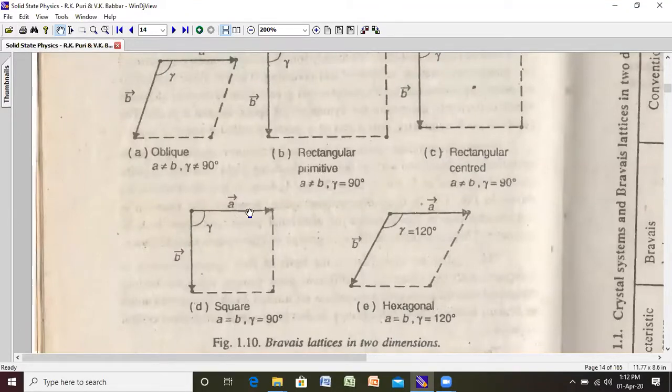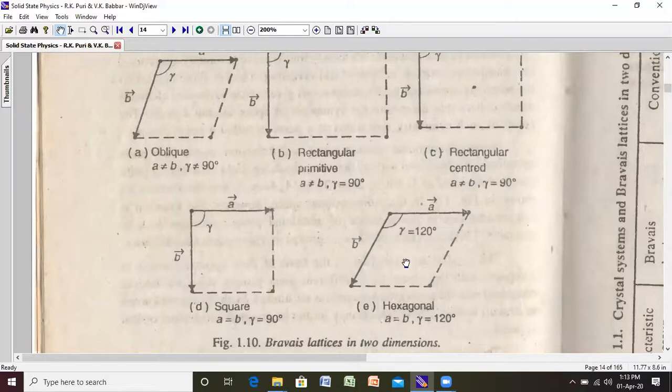So you can check that this side A and this side B are both equal in length, and the angle is also 90 degrees. So this is the square symmetry. And the last Bravais lattice type is hexagonal. In hexagonal, sides are equal. A side is equal to B side, but the angle is not equal to 90 degrees, the angle is 120 degrees.